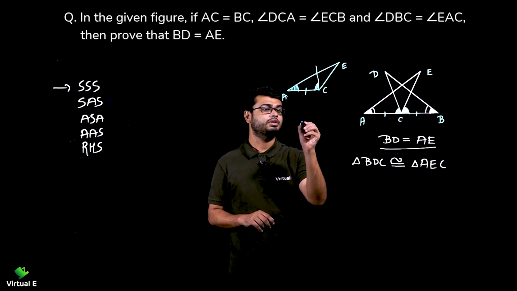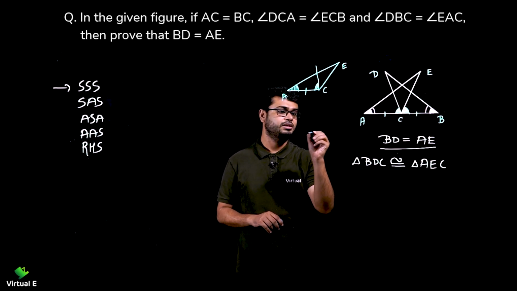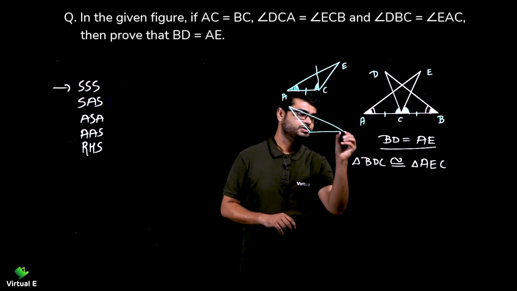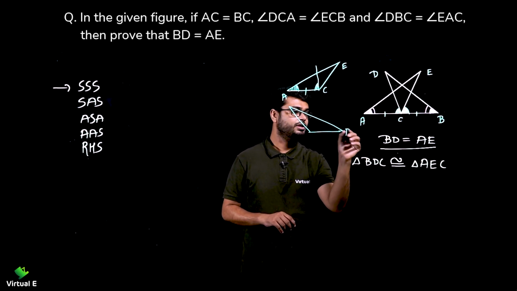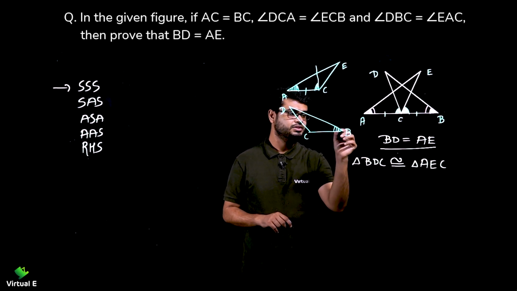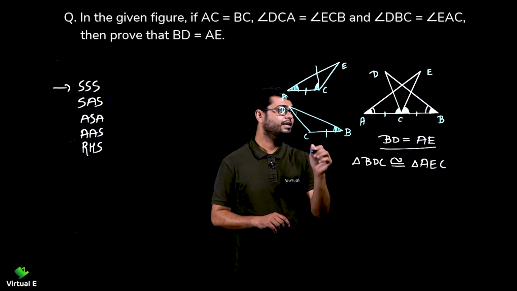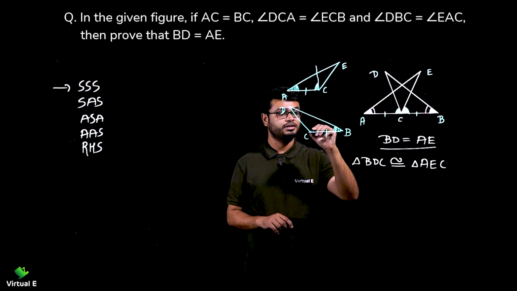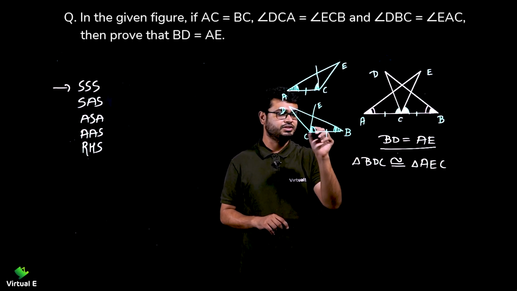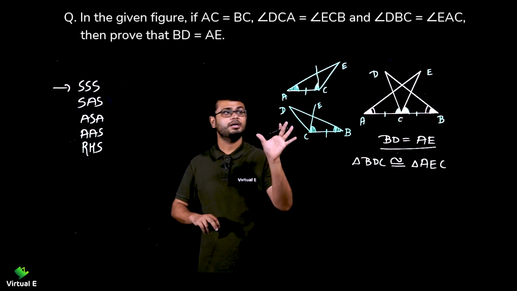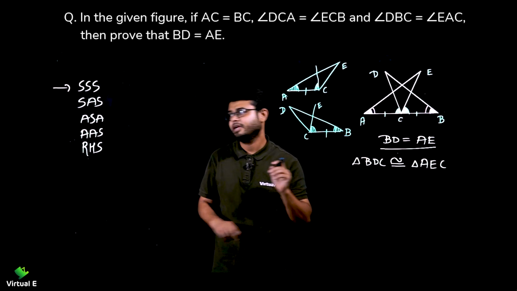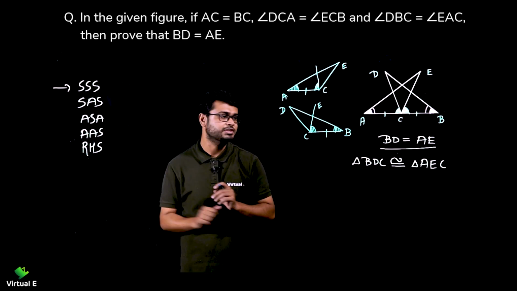For the case of CB, let's draw it over here. So B, C and finally D over here, and this is the angle, this is the side, and here somewhere E is there, and this angle is equal as well. So right now it looks like angle, side, angle. ASA, we have two angles and one side.